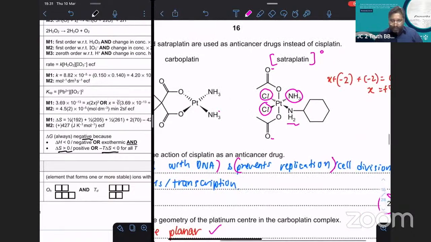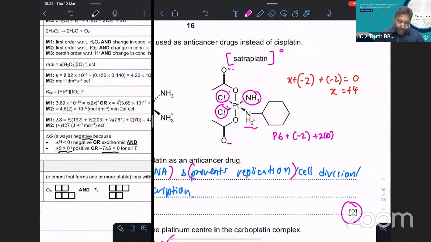So you see here in this molecule, I have 6 ligands. And you see platinum, when they join, you see -1, -1. So that's -2, and then 0 and 0, so 2 times 0. And then -1 and -1, so this is going to be -2. What is the overall charge of this satraplatin? It is 0.